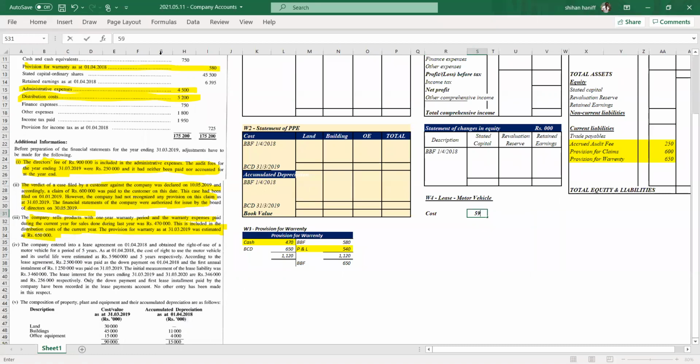Lease term is 5 years, useful life is also 5 years.